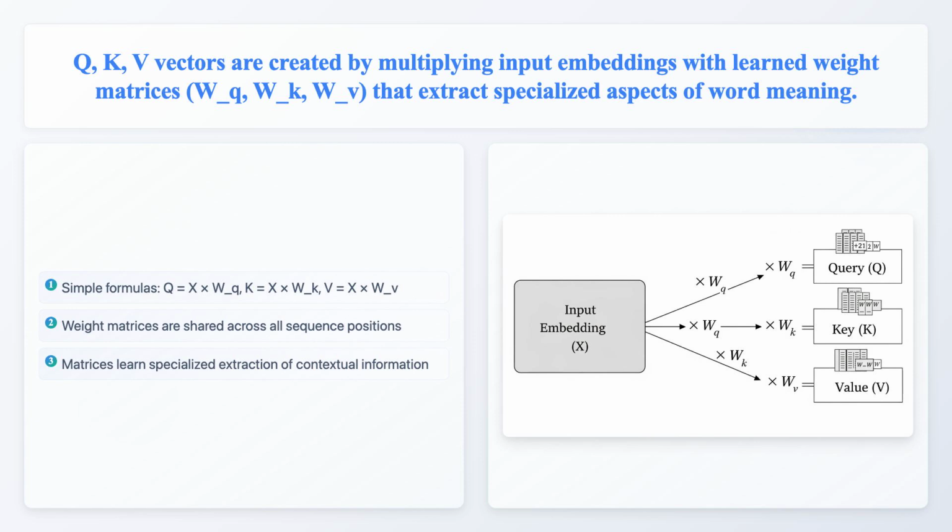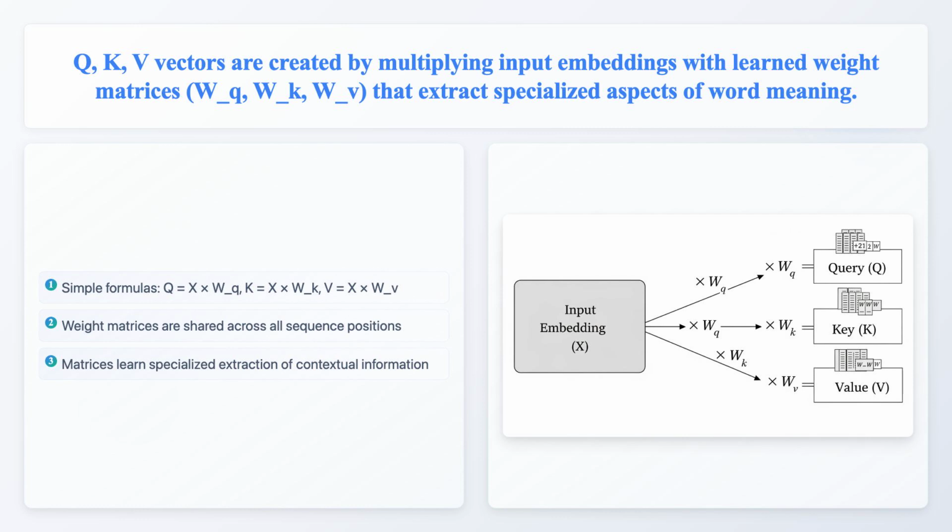Think of them as specialized lenses that extract different aspects of each word's meaning. The query matrix W_Q learns to extract what this word needs to know about context. The key matrix W_K learns to extract how this word should present itself to others. The value matrix W_V learns to extract what information this word should contribute.